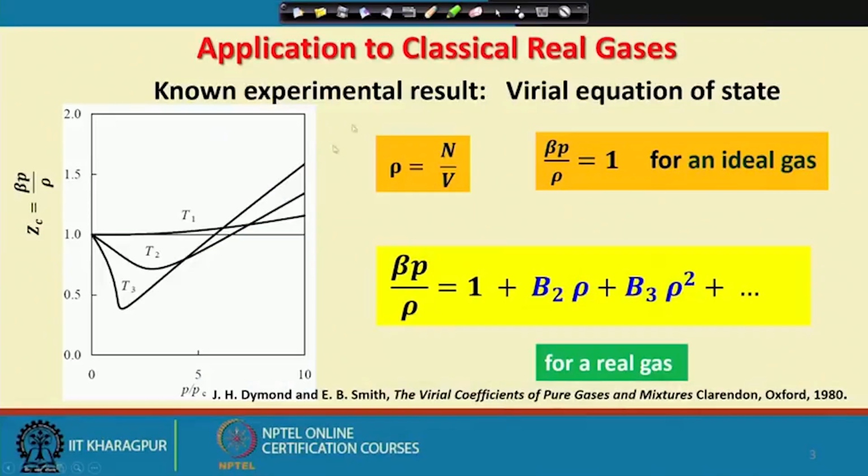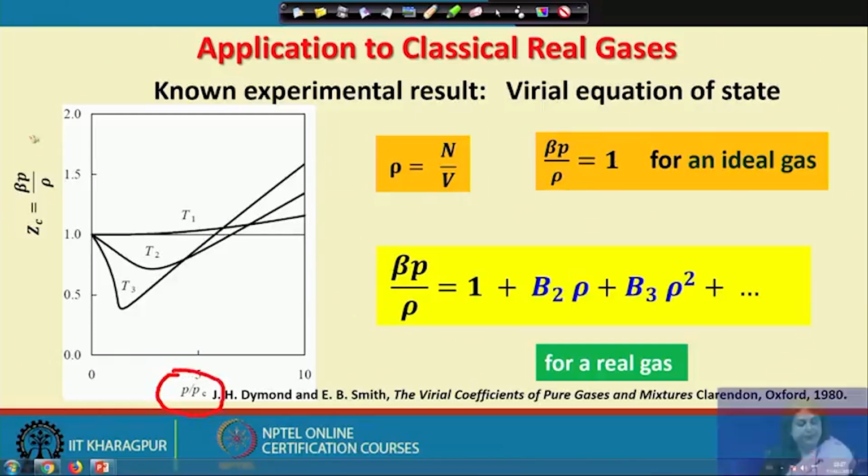Now, how do I know that a particular system is different from an ideal gas? This is most easily understood by plotting what is known as the compressibility factor, Z_C equals beta P by rho, as a function of pressure.